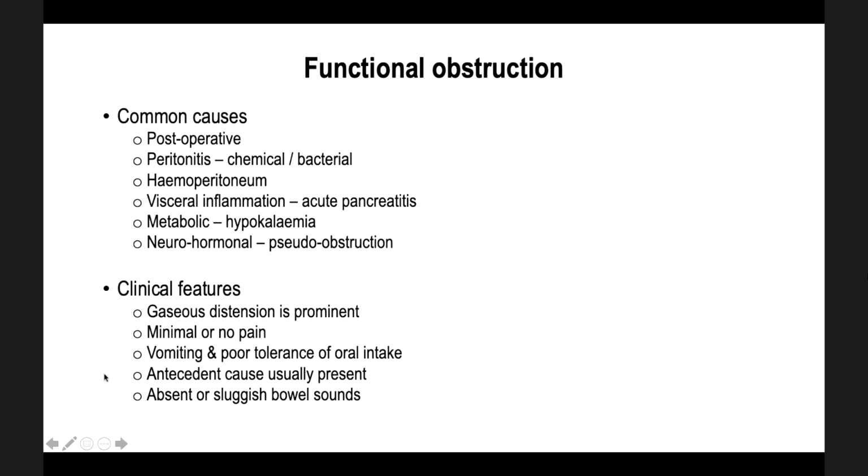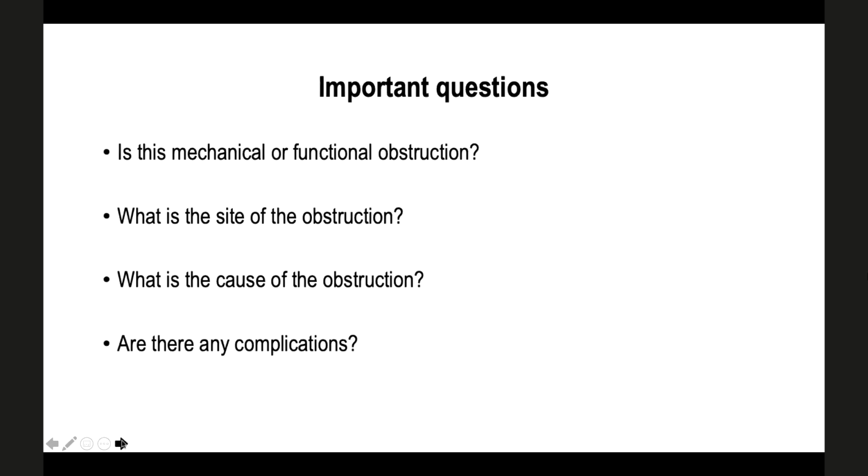Okay, so let's move on. When we get a patient, let's say you're the doctor in the casualty surgical ward and your surgeon comes for a ward round and you have a patient with suspected intestinal obstruction, these are the important questions we really want to answer. A, is this mechanical or functional obstruction? If it is mechanical obstruction, we want to know where is the obstruction: proximal small bowel, mid small bowel, distal small bowel, large intestine, where?